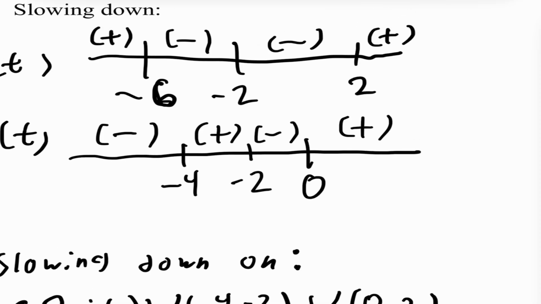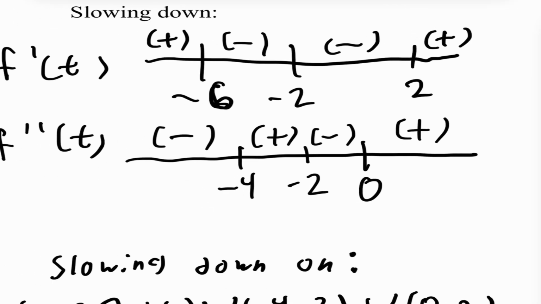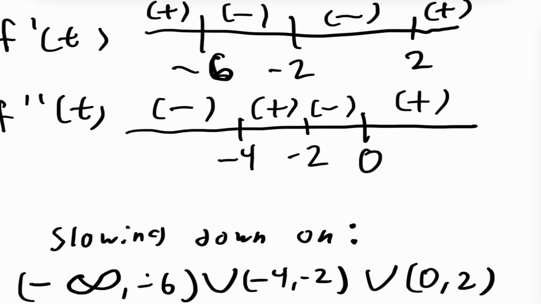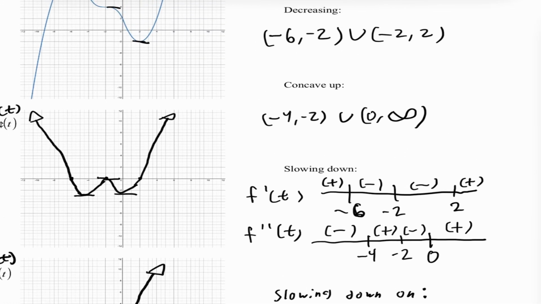We can see this with the signs that we have here. If they're opposite signs, it means it's slowing down. If they have the same signs, it means it's speeding up. But this is it for slowing down, and those are the answers for these questions.